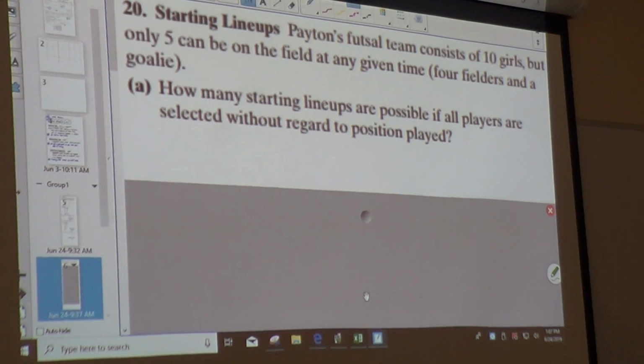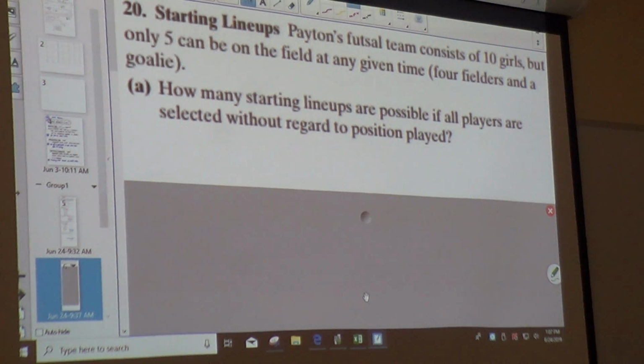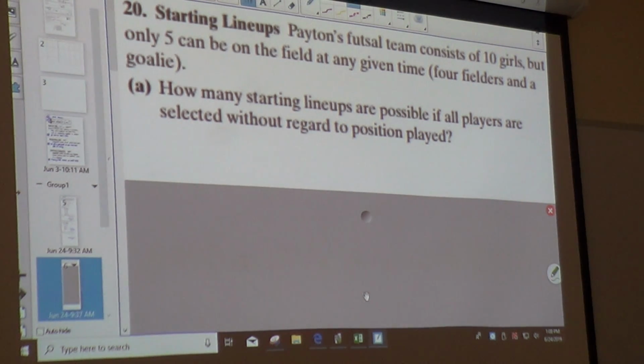Peyton's team consists of 10 girls, but only 5 can be on the field at any given time: 4 fielders and a goalie. How many starting lineups are possible if all players are started without regard to position played? Okay, so there's 10 girls standing there, all of them want to play. How many ways can I pick 5 girls and say get on the field?